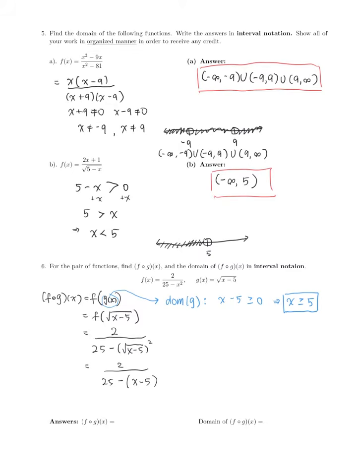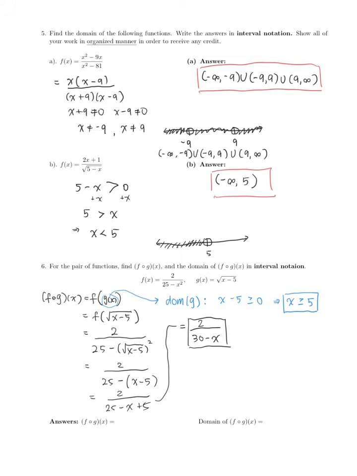So this is 2 over 25 minus x plus 5. This is going to equal 2 over, 25 plus 5 is 30, 30 minus x. Let me just box that because this is our f of g of x.